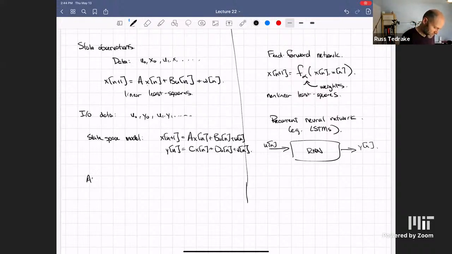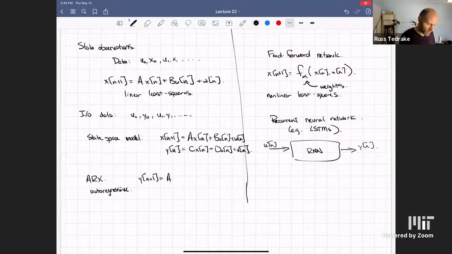ARX models, which is autoregressive. The X stands for with exogenous input, which is just because we have a u. You can think of it as very similar to the state space models, but there are a couple of notable differences. I'll write it like this.